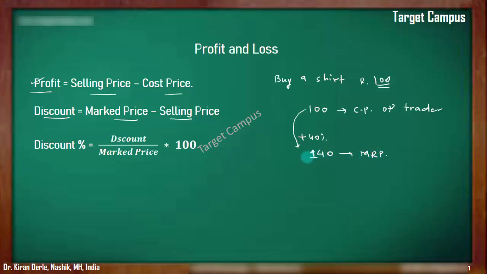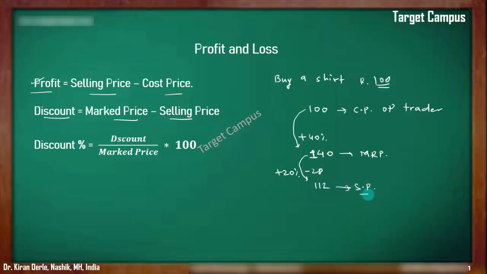Now he knows the mentality of a customer, so he would offer a discount of, let's say, 20% on this, just to attract customers. What is 20% of 140? 14 is 10%, so 28 is 20%. So 28 gone from 140 is 112, and he'll sell at this price.